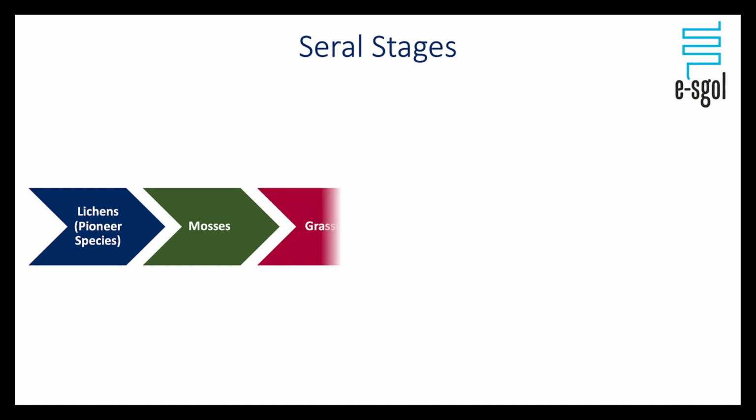Now let's look at the seral stages. At the beginning of primary succession, we have lichens, which are a pioneer species. As we move along the seral stages, mosses are able to colonise an area, followed by grasses. All the time the soil is becoming richer.